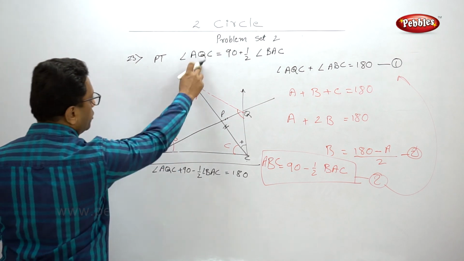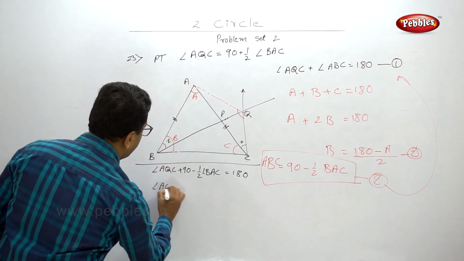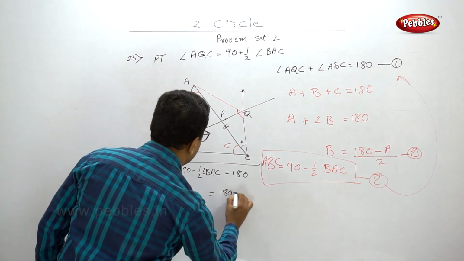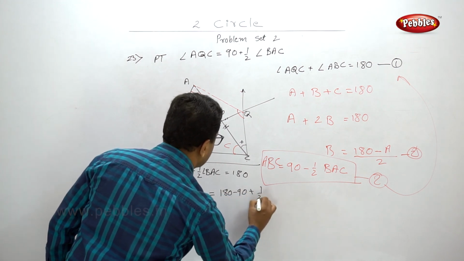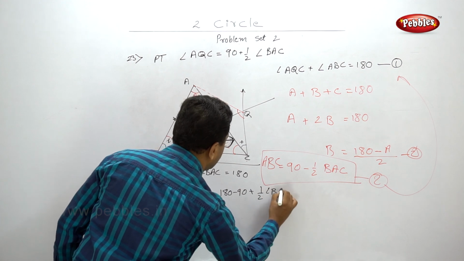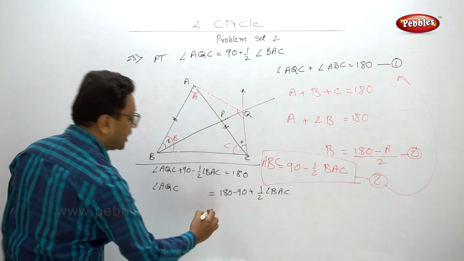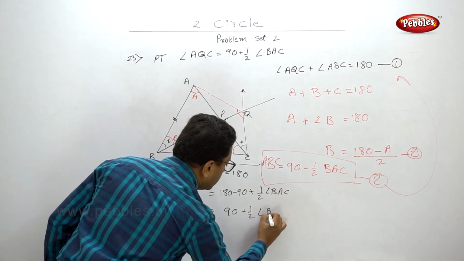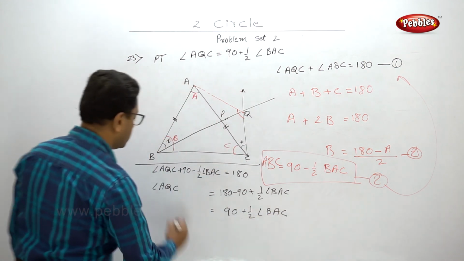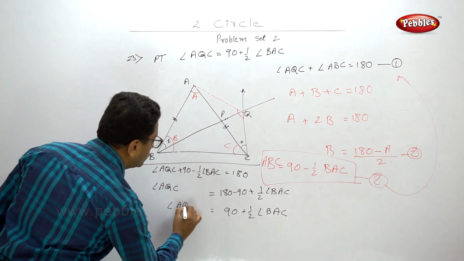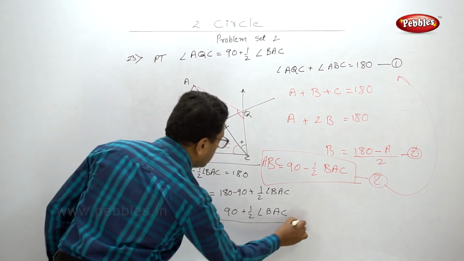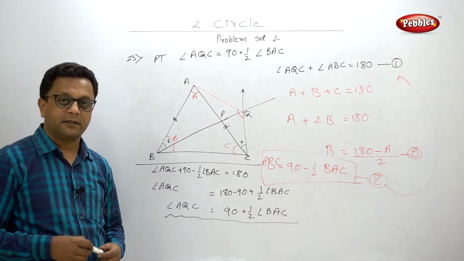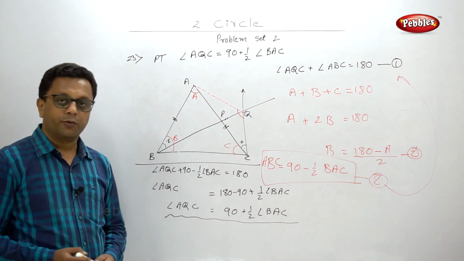That is what we have to prove. So angle AQC is equal to 180 minus 90 plus half of angle BAC. 180 minus 90 is 90 plus half of angle BAC. So angle AQC is equal to 90 plus half of angle BAC, which is proved.